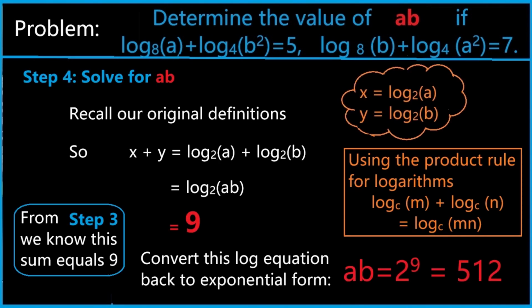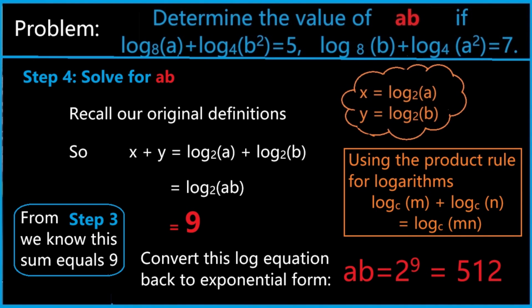Step 4. Solve for the product AB. Recall our definitions from earlier. x equals log₂a, y equals log₂b. So, x plus y equals log₂a plus log₂b. Using the product rule for logarithms, log_c m plus log_c n equals log_c mn, we combine the terms.